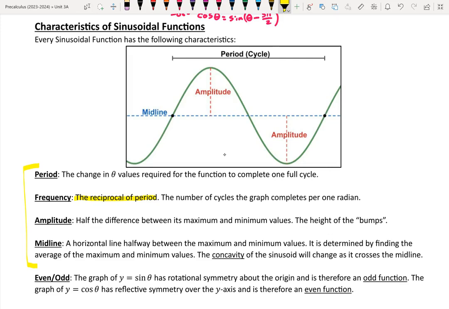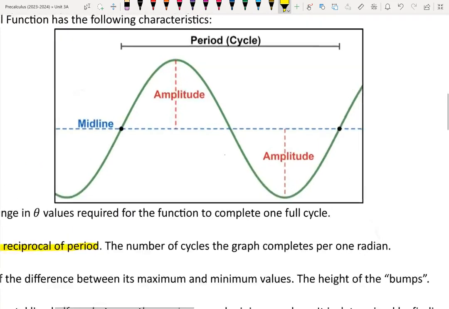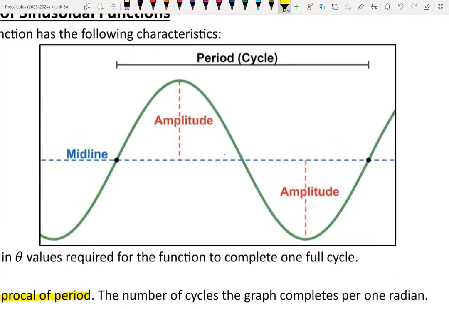The amplitude, which I have labeled on my graph there, is half the distance between its maximum and minimum values. I also like to think of it as the height of the bumps. So often I like to find my midline first, and the midline is just the middle of the graph.